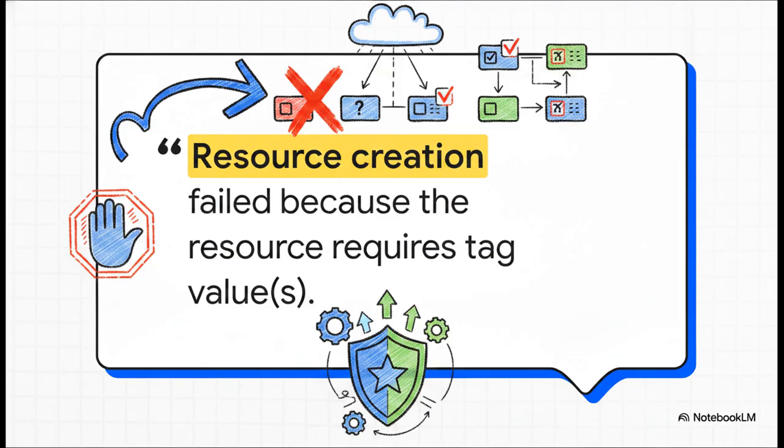If a user tries to bypass your rules and creates a resource without the required tags, boom, it just fails. Now, as IT pros, we absolutely shouldn't view this as a bug or an annoyance. This is the ultimate victory for a well-architected cloud. This strict enforcement guarantees your resources are properly categorized for management and billing from the very second they're born.